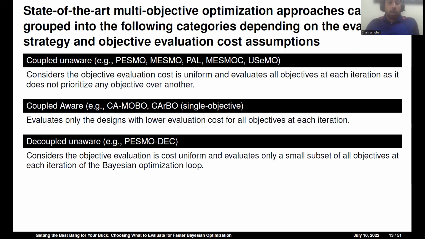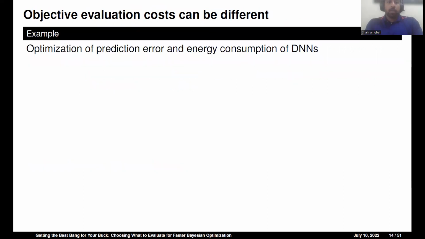One is coupled unaware, which considers the objective evaluation cost is uniform and evaluates all the objectives at each iteration. Coupled aware approaches evaluate only the designs with lower evaluation cost for all objectives. And decoupled unaware approaches consider the objective evaluation cost is uniform and evaluate only a small subset of all the objectives. However, the objective evaluation cost can be different.